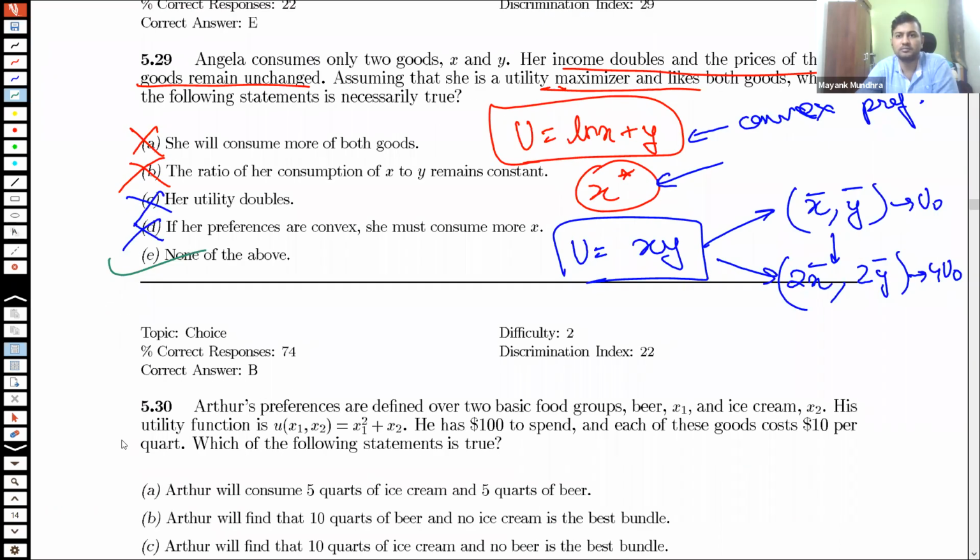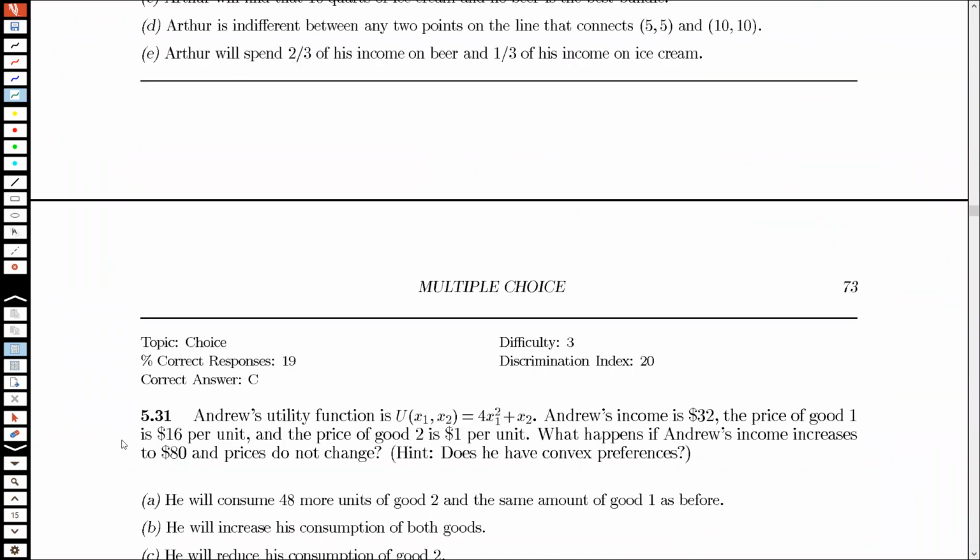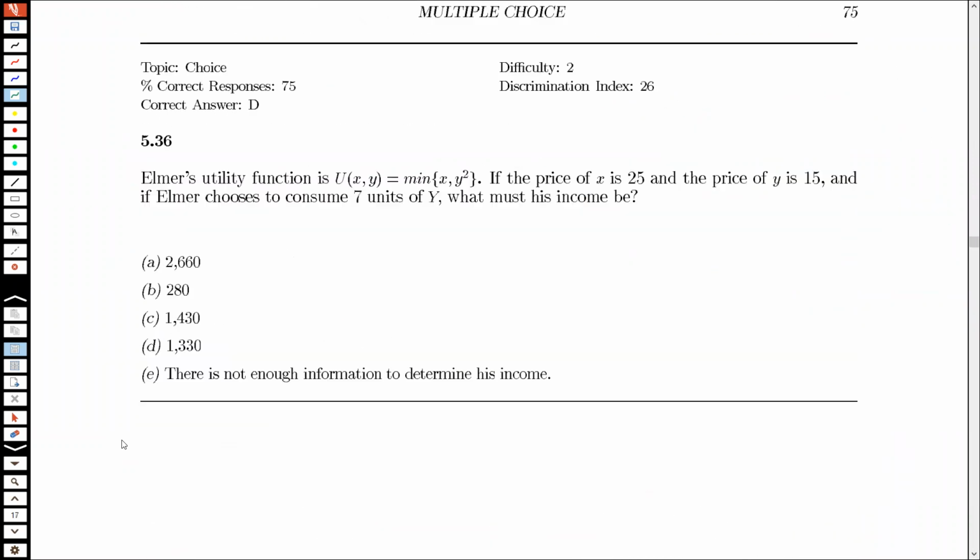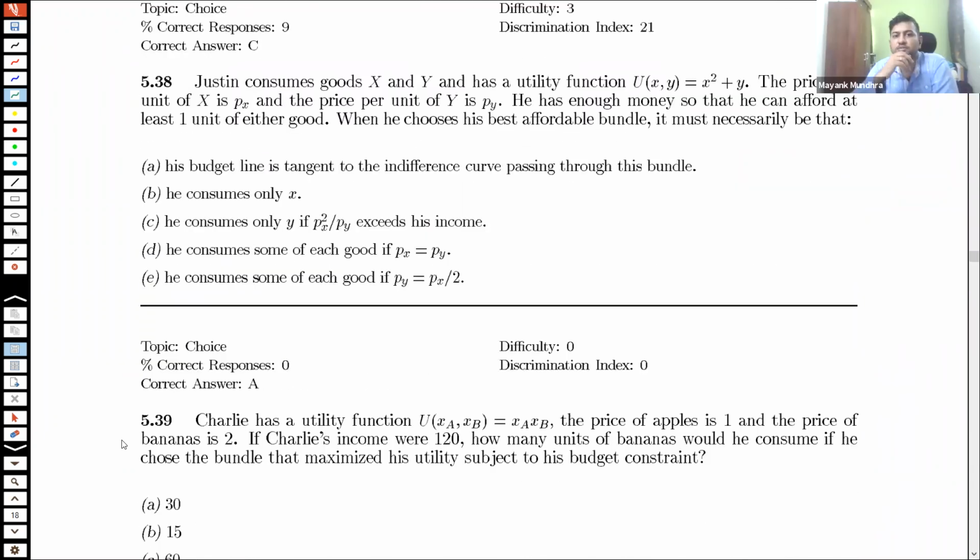All right. Next. Sir, 5.38. Justin consumes X and Y and has utility function X square plus Y. The price per unit of X is Px and the price per unit of Y is Py.